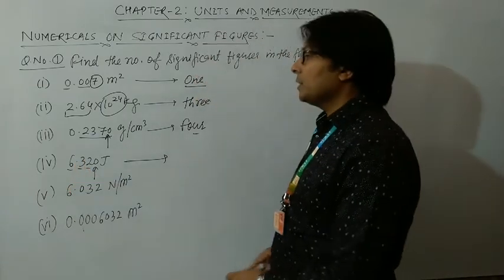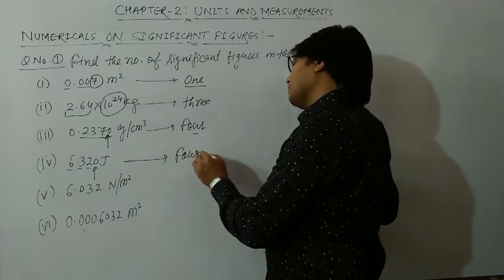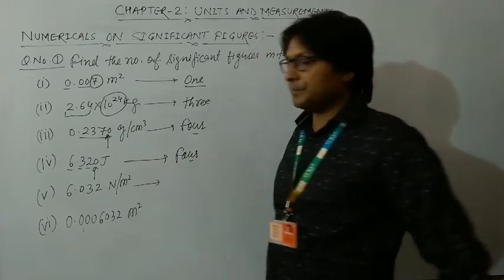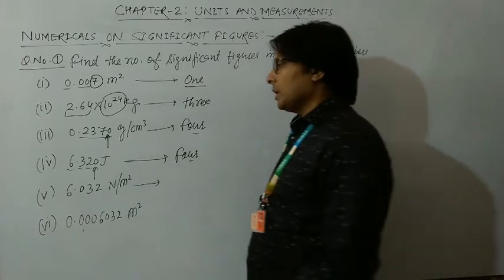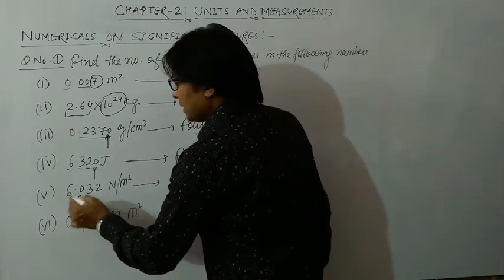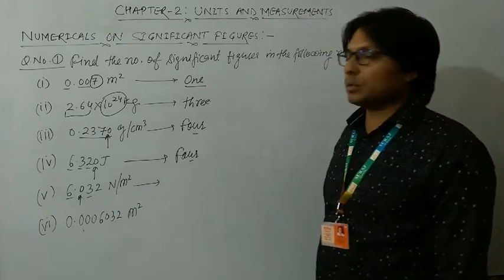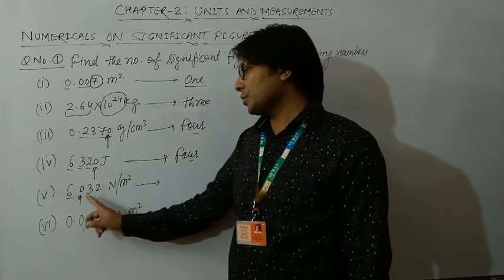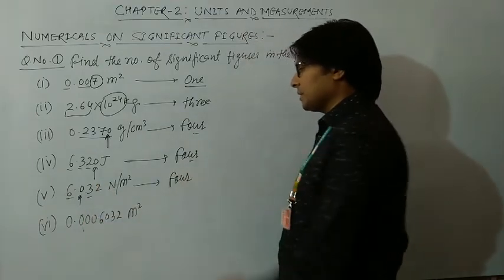So there will be 4 significant figures. And now on to the 5th part, 6.032. Now this 0 is between two non-zero digits, therefore it is always going to be significant. So the answer will be 1, 2, 3, 4. It consists of 4 significant figures.